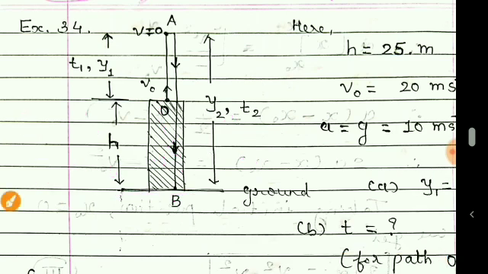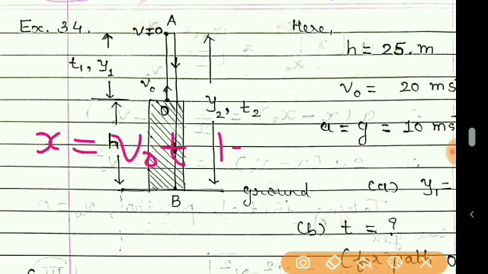Then the second equation, we have the equation x is equal to v naught t plus half a t square. Now here we cannot use this equation also. Why? Because displacement is to be found out.